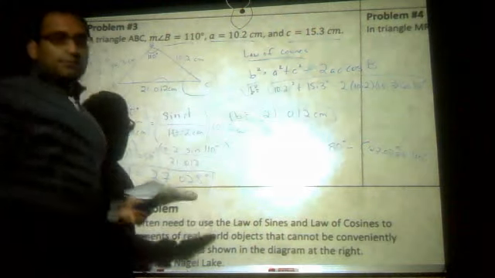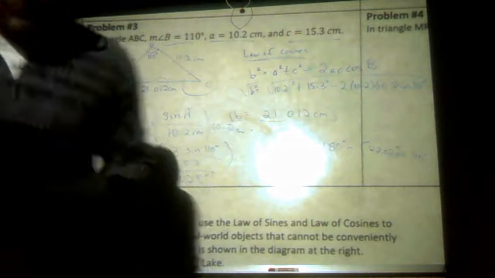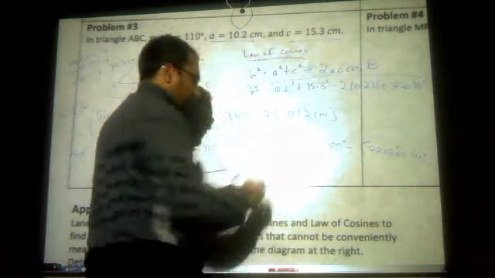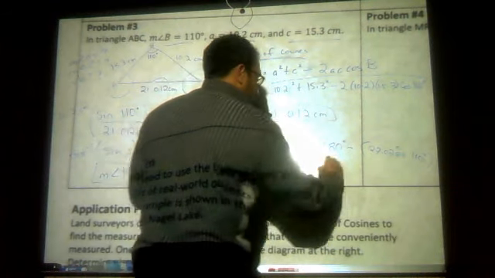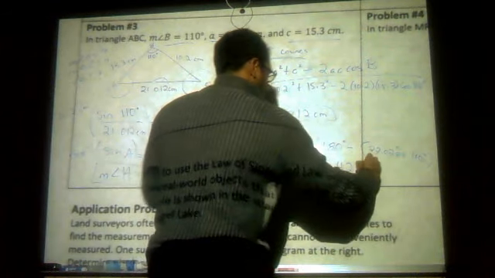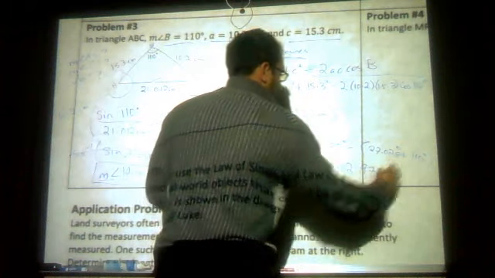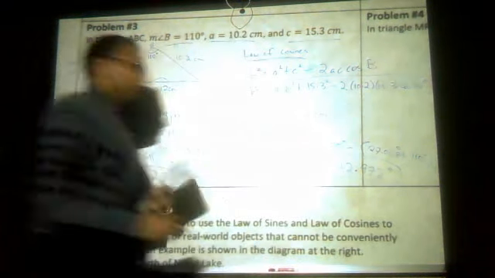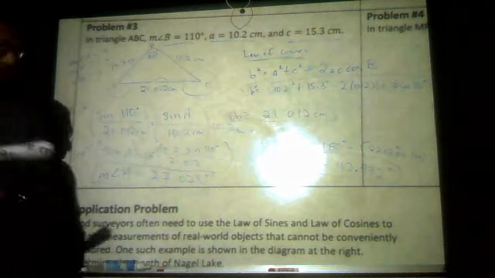So whenever I do that, the measure of angle C gives me 42.972 degrees. That is the measure of angle C, 42.972 degrees.